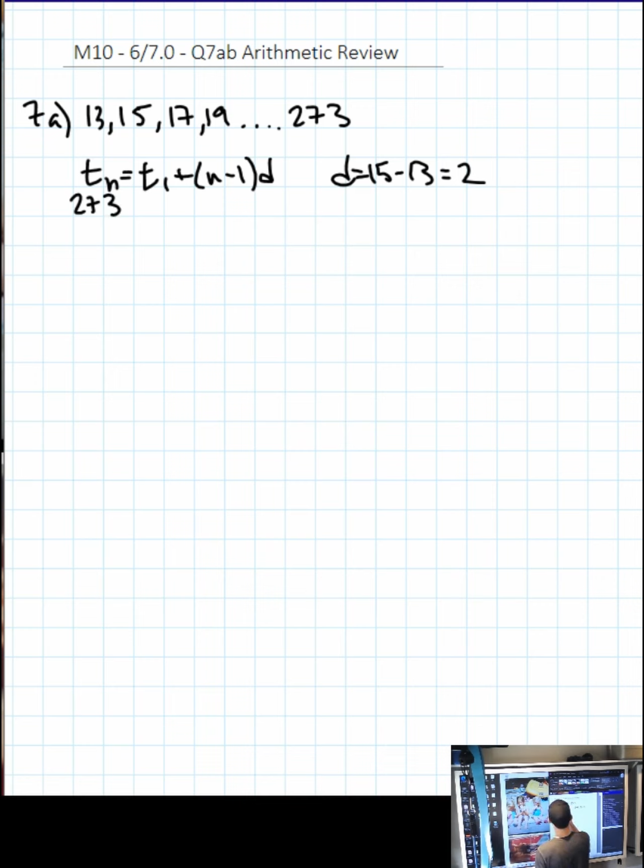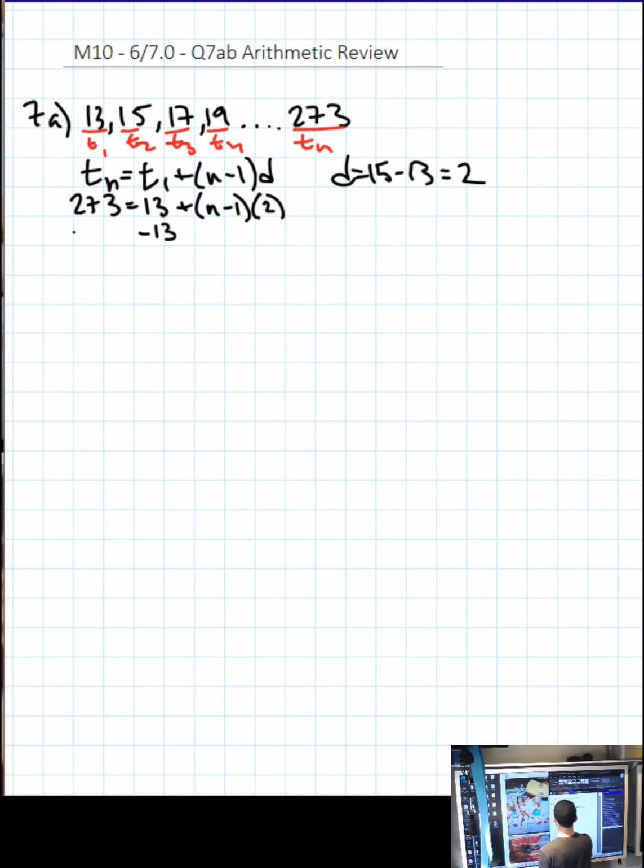If that's really difficult, just think T1, T2, T3, T4, and the one we don't know is Tn, so put it in for Tn. 273 equals the first term plus, we don't know what n is, times the difference we just figured out.